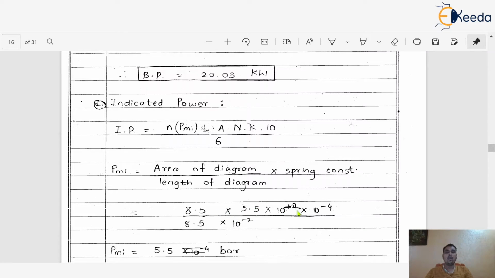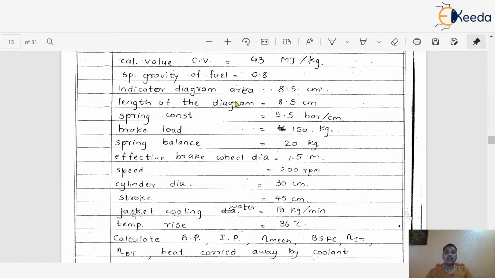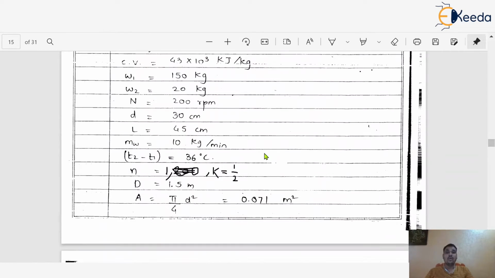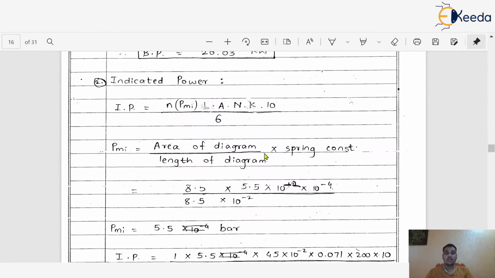Here we have multiplied a few things. If you see over here, the indicator diagram area is given as 8.5 centimeter square, so we have to convert this into meters. Whenever centimeter square is given in the problem and we have to convert into meters, we multiply by 10 raised to minus 4.